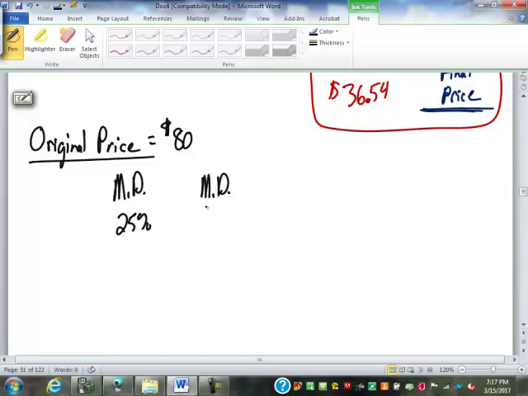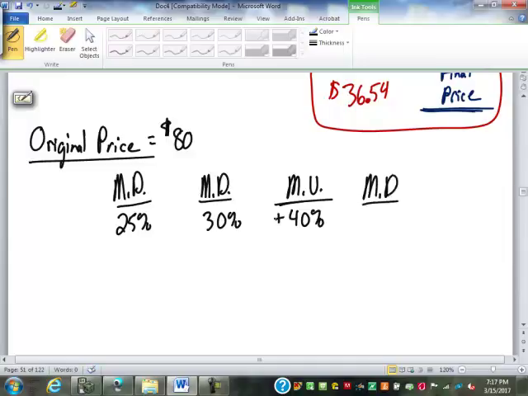An additional markdown of 30%, a markup of 40%, and a final, so I'm going to put a plus on the front of that, a final markdown of 50%. So in your notes, find the final price.